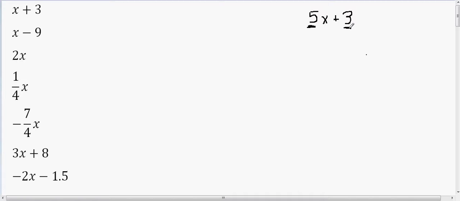In this problem, we're asked to find the steps we should take to get x by itself for each given expression. The first expression is x plus 3. To get x by itself, we want to get rid of the 3. We could add the additive inverse of 3, which is minus 3.